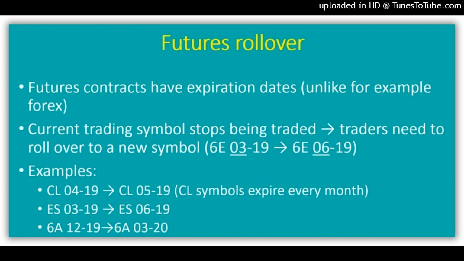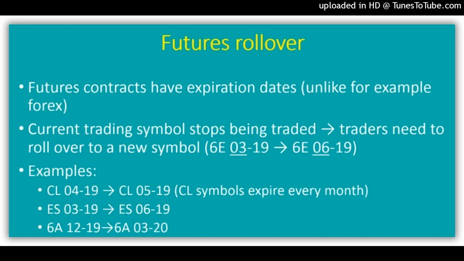So this is the Control Center, you go to Tools, Instrument Lists, you select Futures, and right there you can see the list of futures. So for example, if I want to roll over the Euro contracts, then I click this one, 6E, which stands for Euro. As you can see, I currently have the old symbol, which is the March.